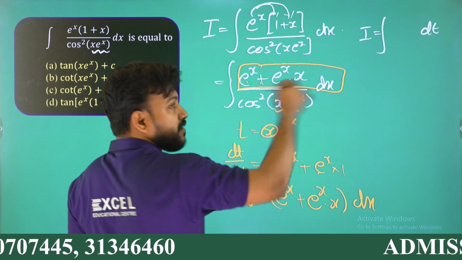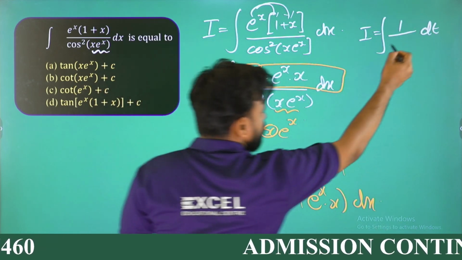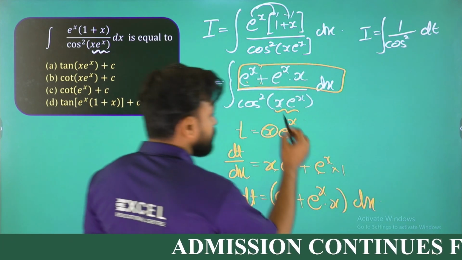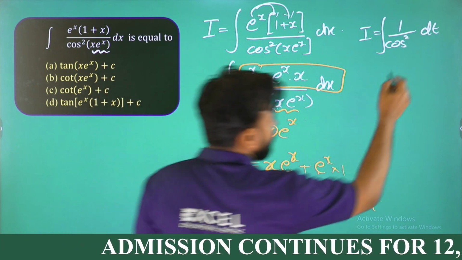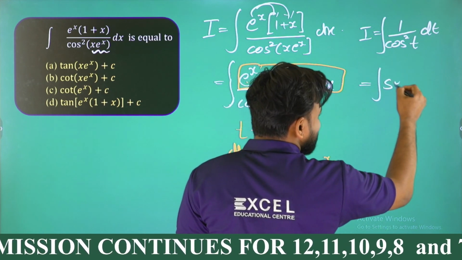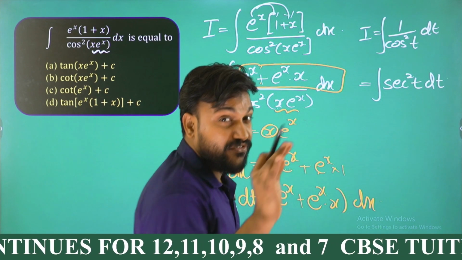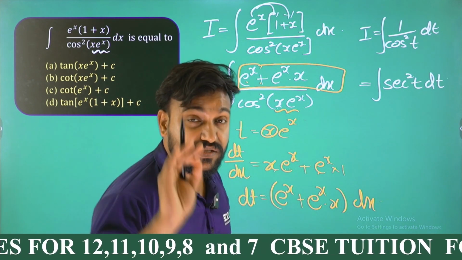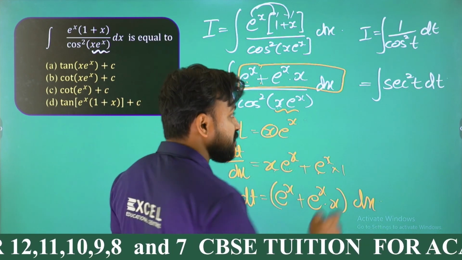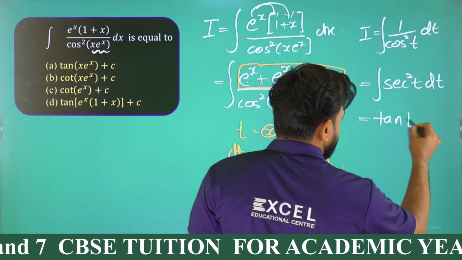So the numerator has nothing, only 1 divided by cos square. Instead of x e raised to x, we have to put t. So 1 by cos square t is sec square t. What is the integral of sec square? From the results page, you can see that the integral of sec square is tan t plus c.